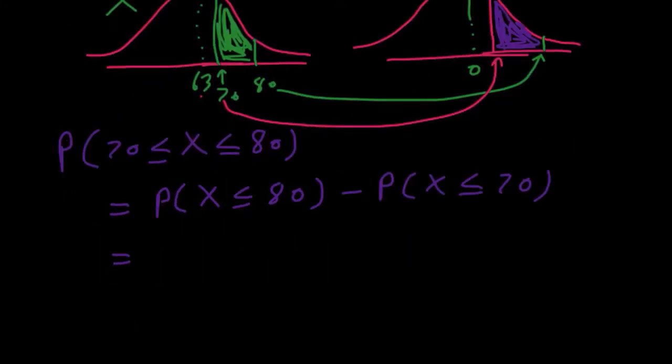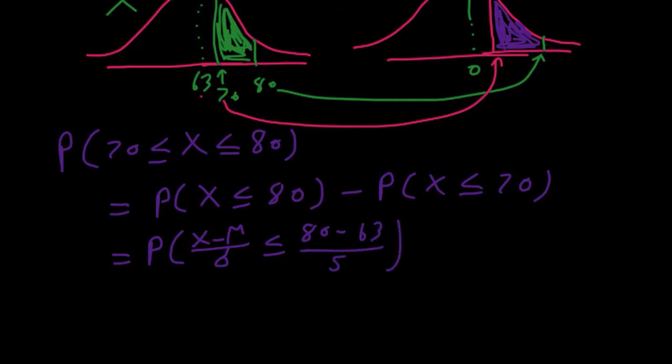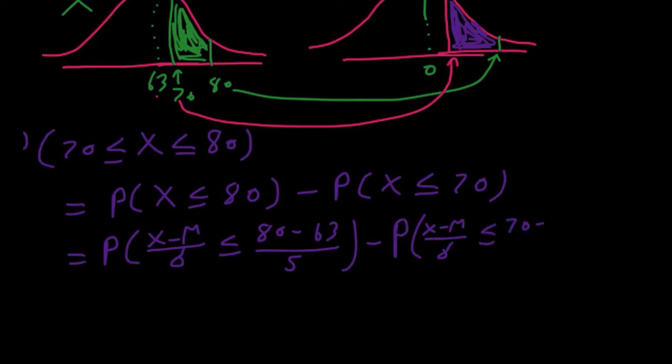Right, so probability, what I do, I convert x to z, x minus mu over sigma, then 80 minus mu 63 and sigma equal 5, minus probability, again x minus mu over sigma, 70 minus 63 divided by 5.